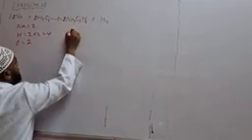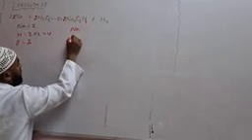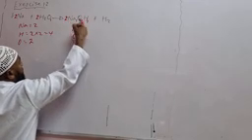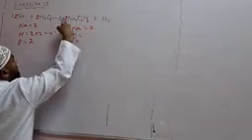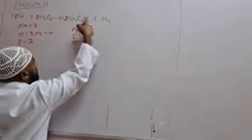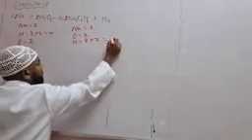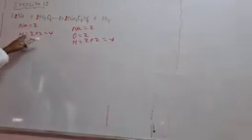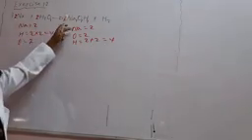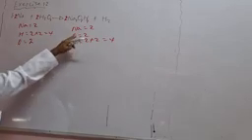In the product: sodium 2 times 1, 2, oxygen 2 times 1, 2, hydrogen 2 times 1, 2, plus 2, which is 4. Therefore, hydrogen is 4 in the reactant and 4 in the product. Sodium 2, sodium 2. Oxygen 2, oxygen also in the product 2. Therefore, the equation is balanced.